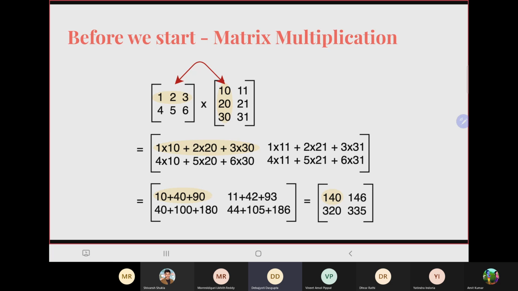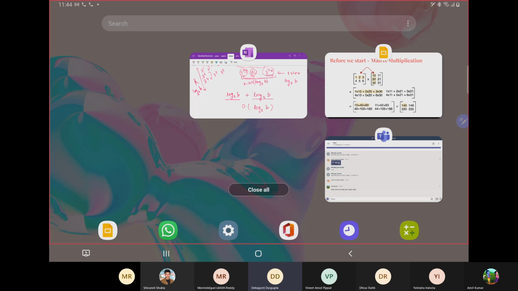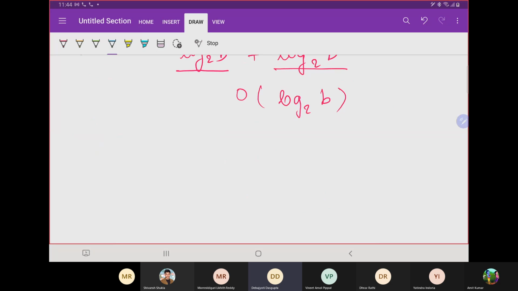do that for the first row and second column. I will just show you. So you have a matrix, say A0, A1, A2, A3, and you have the matrix P0, P1, P2, P3, P4, P5.